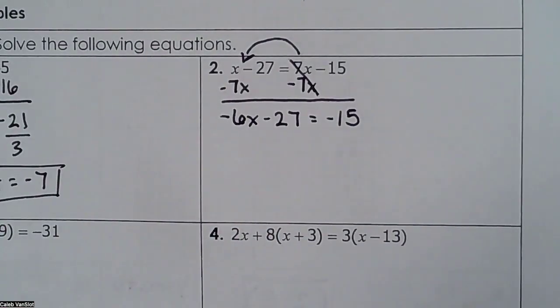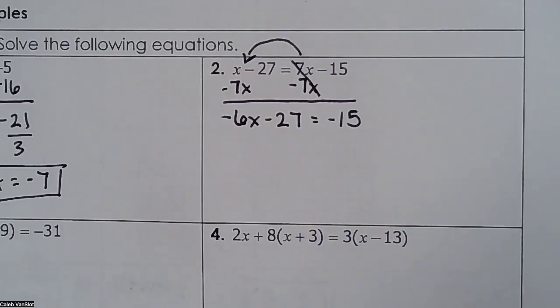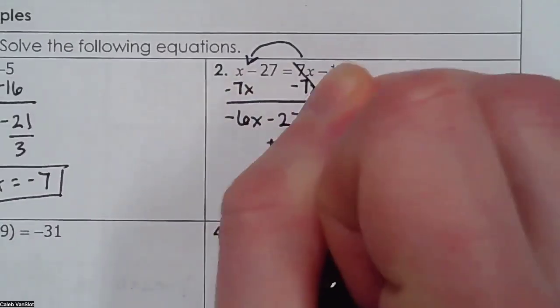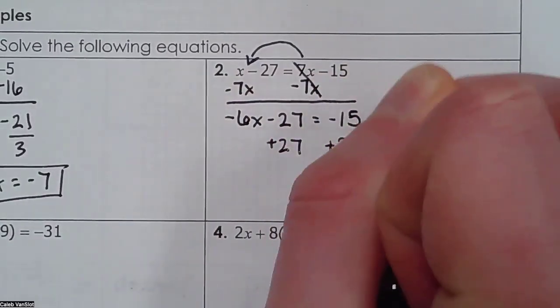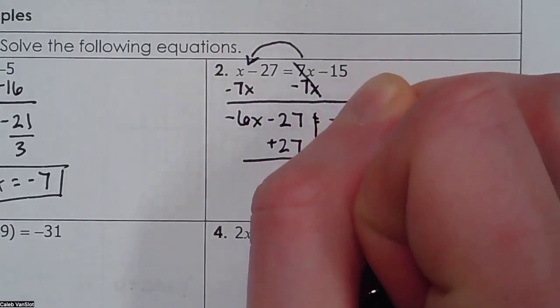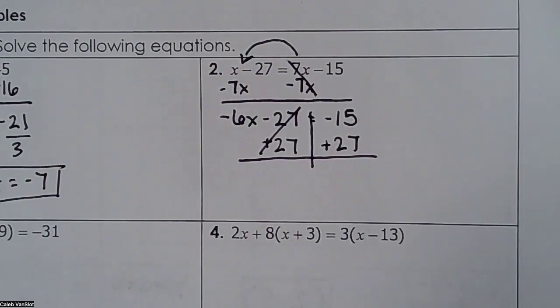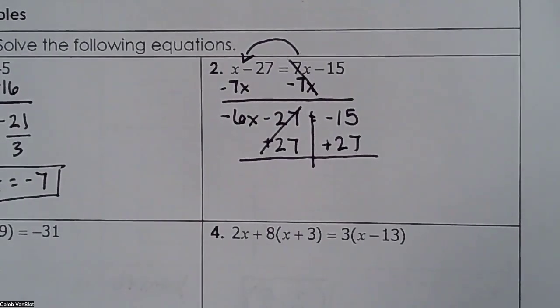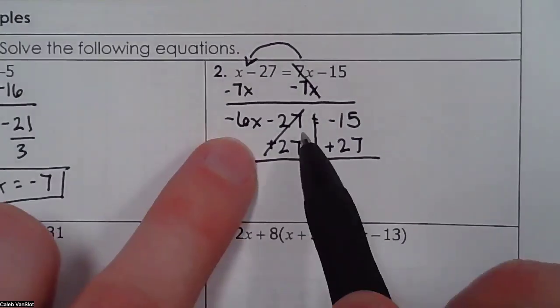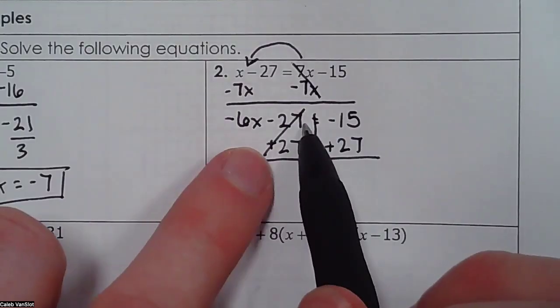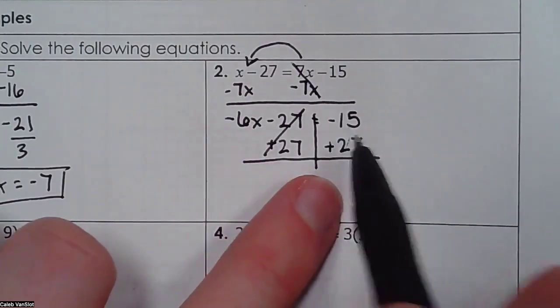Okay, this looks exactly like the last problem. So what do I do next? Yep, I'm going to add 27. Again, whatever you do to one side, you have to do the other. Because when we're working through equations, we're not just moving numbers around however we want to, right? I'm not just saying, oh, I'm just going to move all the numbers to the other side just for fun and do whatever I want with them, right? Essentially, if you're getting rid of it from one side, you're able to just move it to the other side, right?